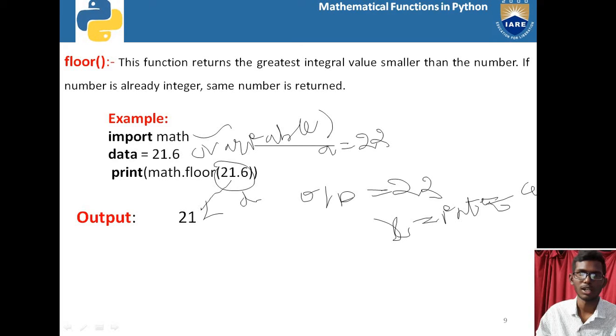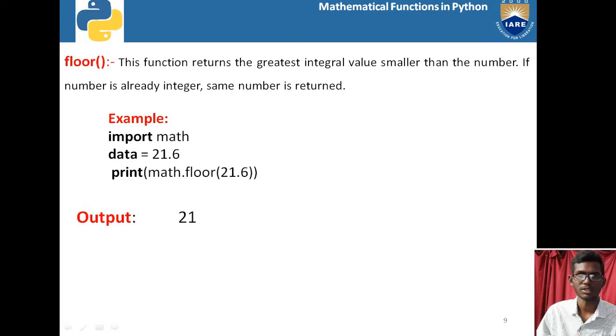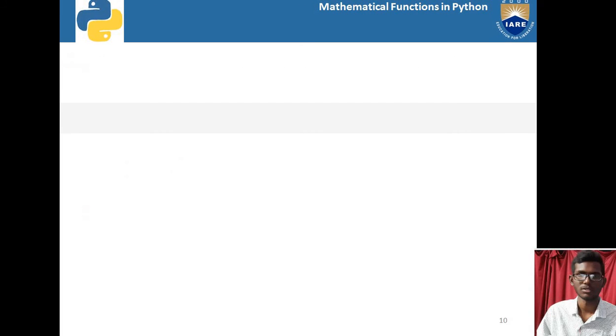If the number is already an integer, the same number is returned. That's why we get the value 22. Now floor is completed. Now we go to another slide. Factorial, the most commonly used function in our class.